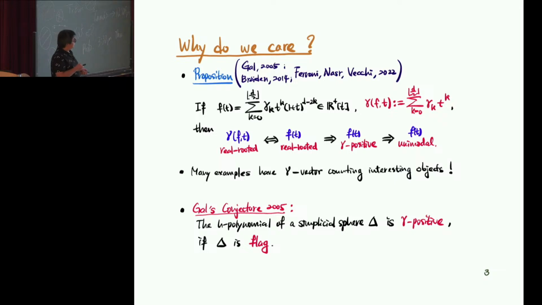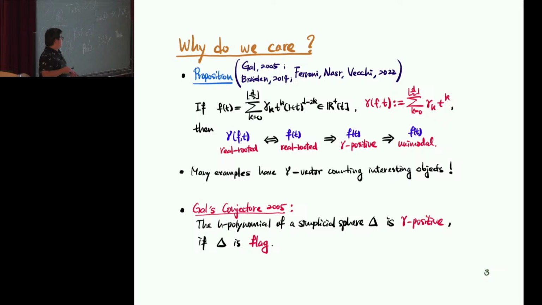This is a proposition summarized from the paper by Gal and Brändén, and stated in Ferroni, Nelson, and Vecchi's papers: if you take the coefficients of the gamma expansion of f and make up a new polynomial, then this new polynomial is real rooted if and only if your original polynomial is real rooted, and this implies gamma positivity, which then implies unimodality. So it lies in the middle.